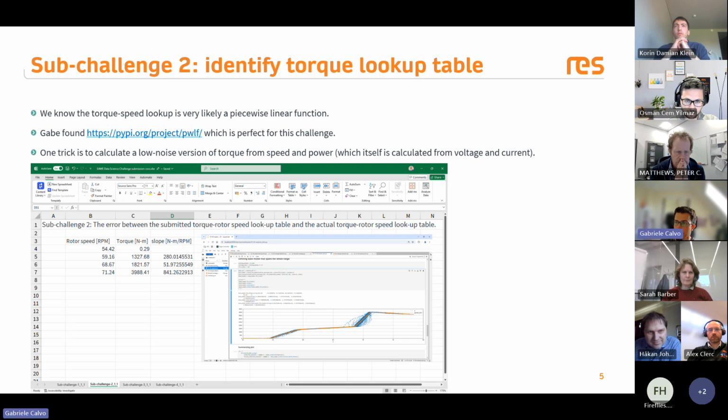As it says here, the one trick is to create a low noise version of the torque. We saw just before from Matthew that there was a very distant gap across most of the first part, and then there was still some distance between the torque and the set point.